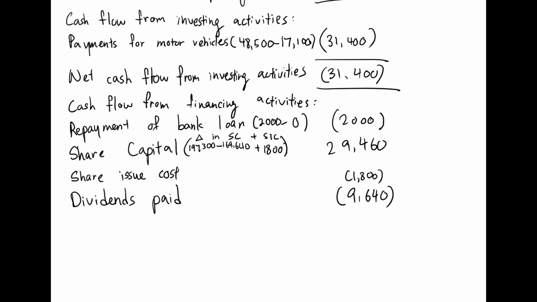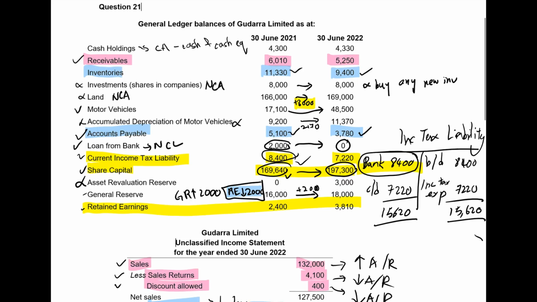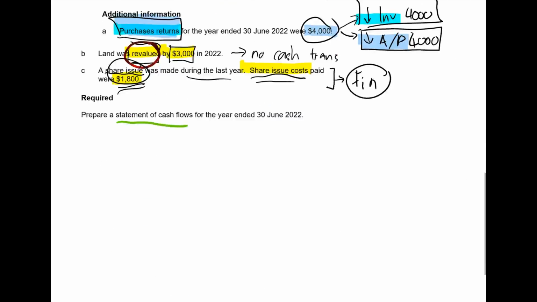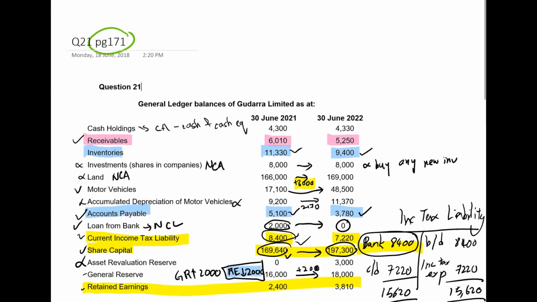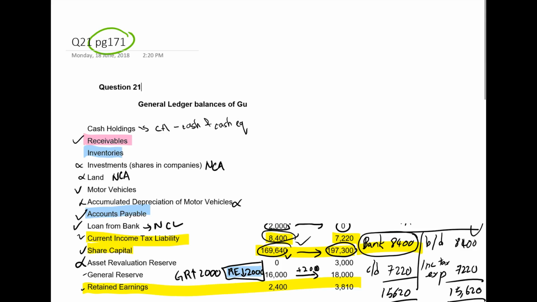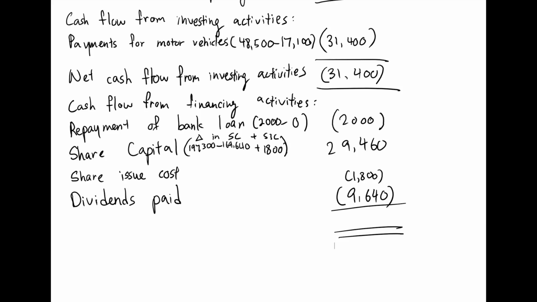Now the last thing that you would do is you need to add up everything, and make sure that you have used all the information in your question. Once you are done, you can sum up everything to find out your net cash flow from financing activities.